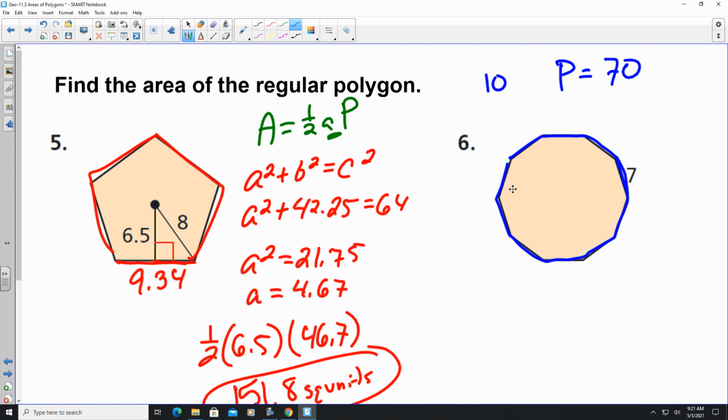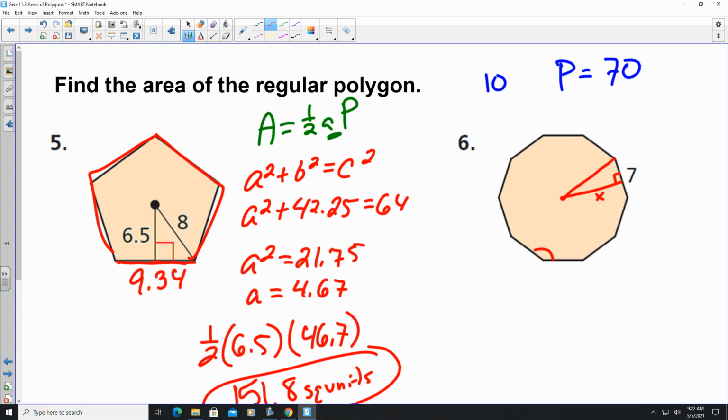What we need to find now is the apothem. How we're going to find that is I got the center point right here, and I need to find this value right here. Well, you might be asking yourself, how can I find that point? What we need to do is figure out what this angle measure is.